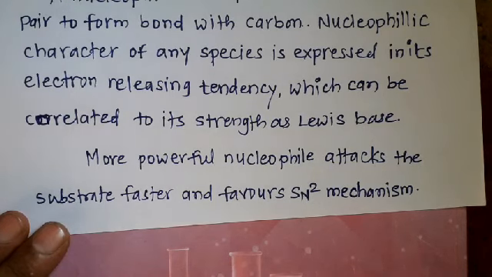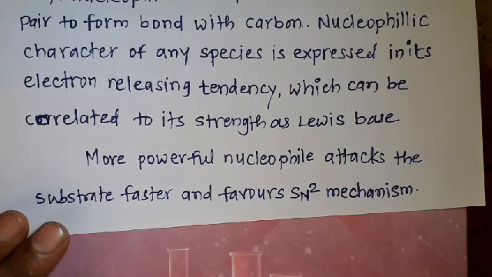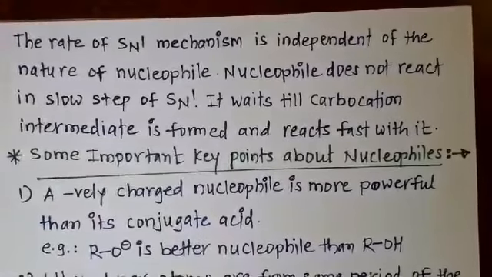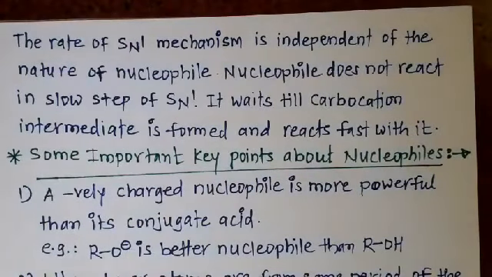Means the first step in the SN1 reaction mechanism is independent of the concentration or nature of the nucleophile. We must wait till the carbocation forms, and as the carbocation forms, the nucleophile then quickly reacts with the carbocation.